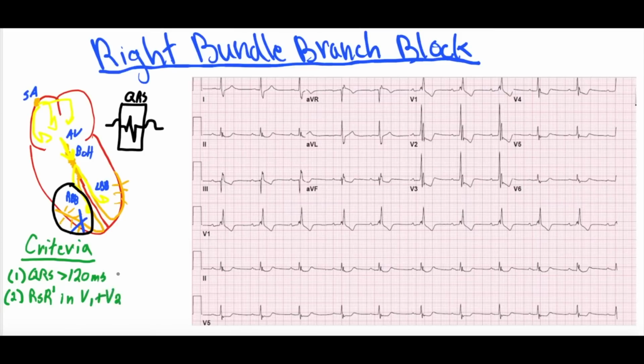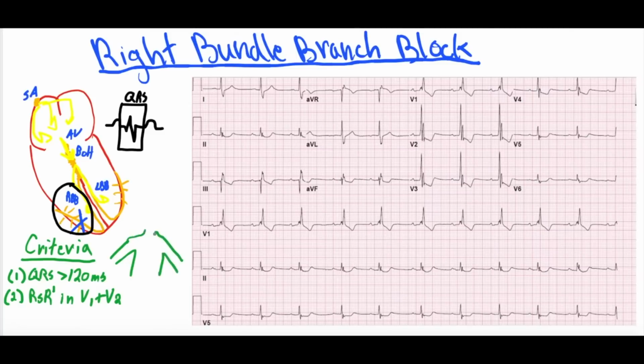So why V1 and V2? Well, since this is a right bundle branch block, the right side of the heart is going to be most affected, which means those right precordial leads, V1 and V2, are going to be most affected. We can draw a little human here. This is going to be a really bad drawing of a human.